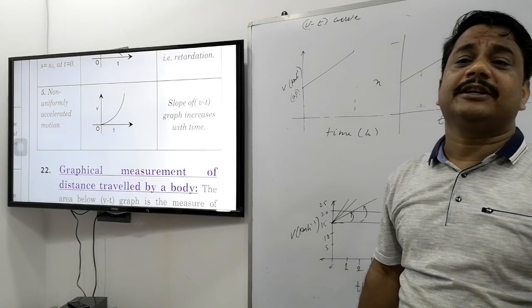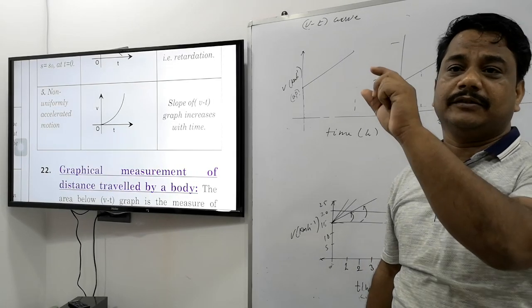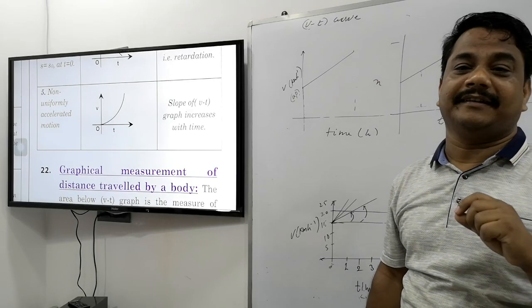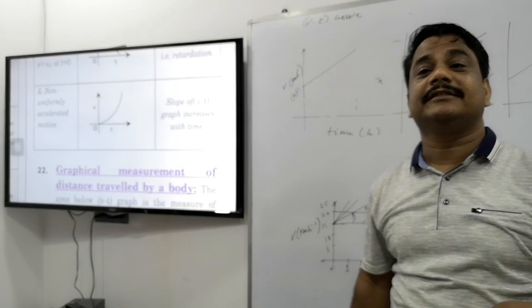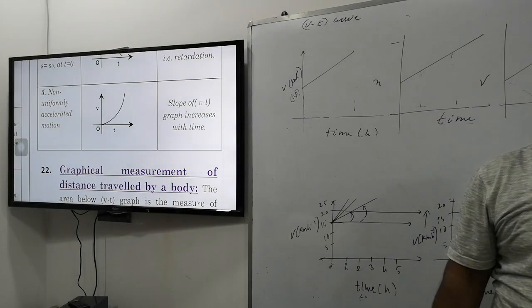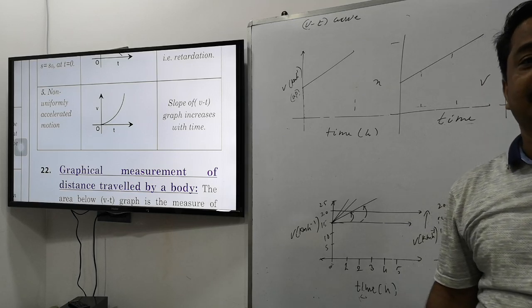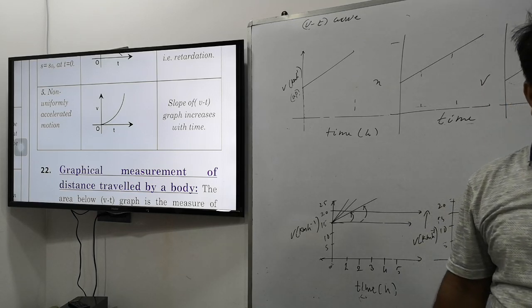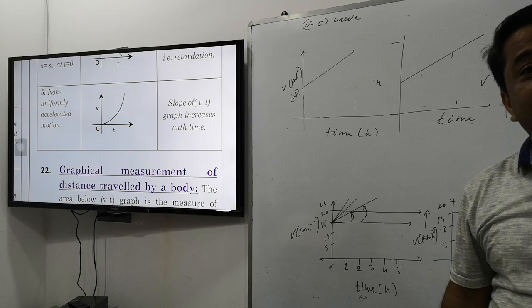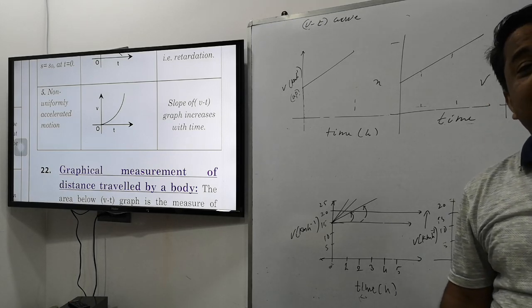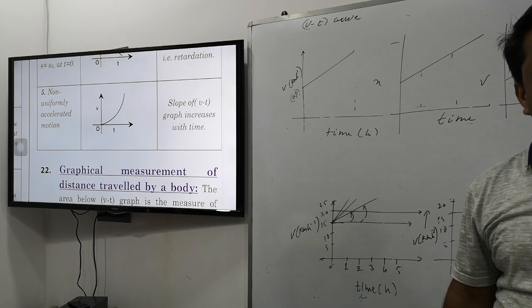It means the object is moving throughout the journey with equal acceleration. This type of motion is called uniform accelerated motion. Listen, there is a distinction between uniform motion and uniform accelerated motion. Uniform motion means equal distance in equal time intervals.